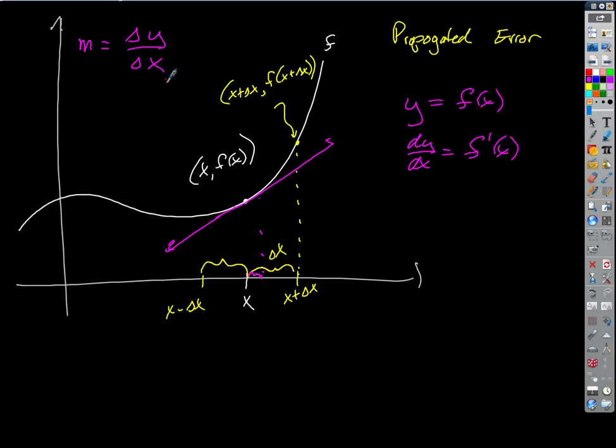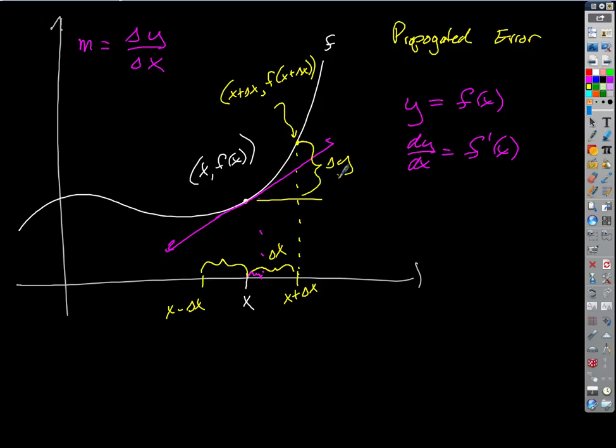So just to make things look a little bit bigger so you can see the drawing better, let's go back to a slightly larger delta x. I already defined this distance as delta x. Let's call this distance delta y. That's the actual change in the function.